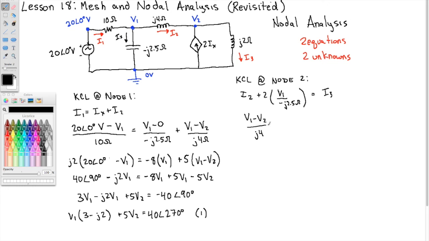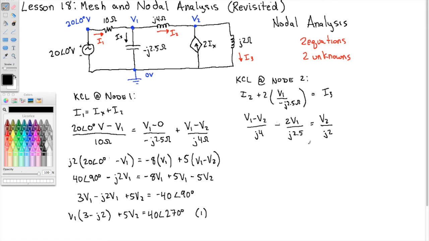And here I've got minus 2V1 over J2.5 equals I3, and an equation for I3 would be V2 minus 0 over J2.